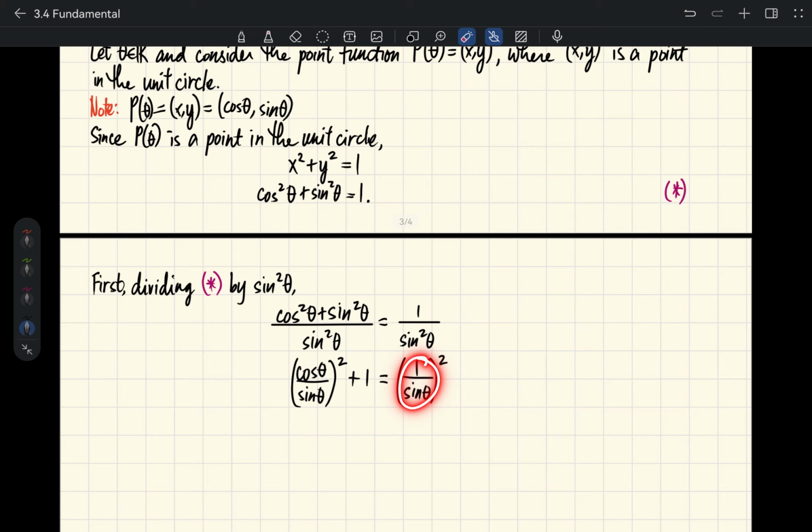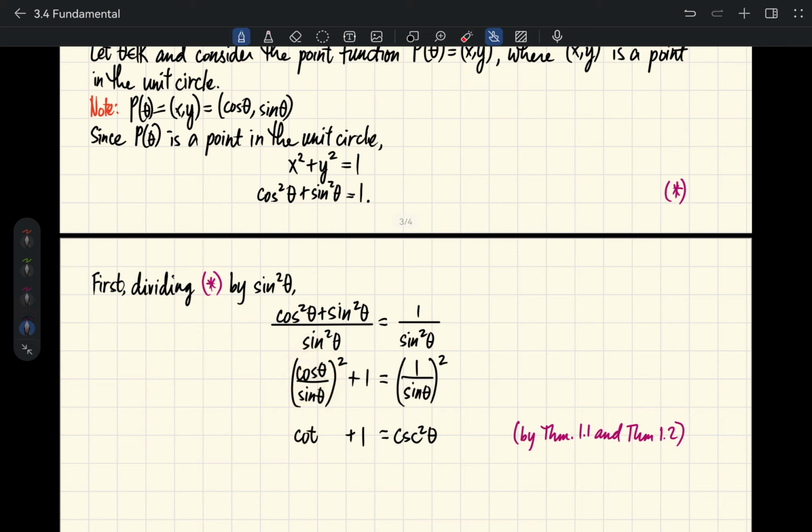What's this one right here? By theorem 1.1, the one on the right side would be cosecant squared theta. And this one right here, by theorem 1.2, is just cotangent squared theta.